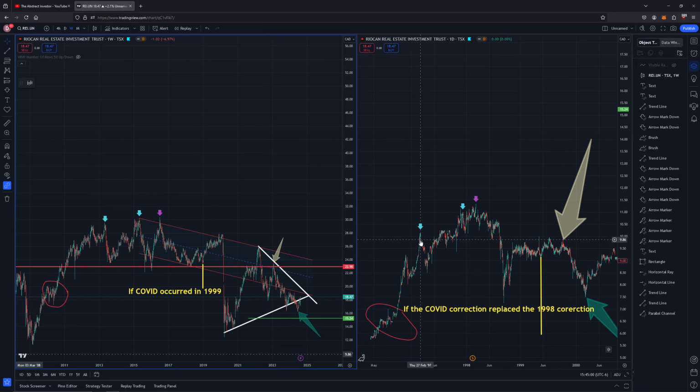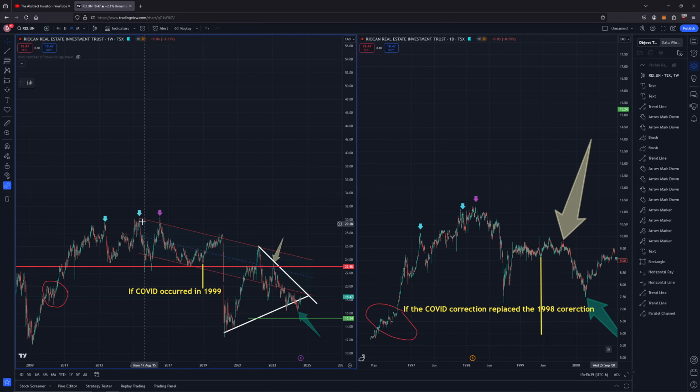And then you can see from 1997 where I have this first blue arrow, I've got that lined up with this first blue arrow in May of 2013, and then there's this big decline, almost like a W pattern here from 2013 to 2015, and that's the same W pattern that plays out from 1997 to the end of 1997.